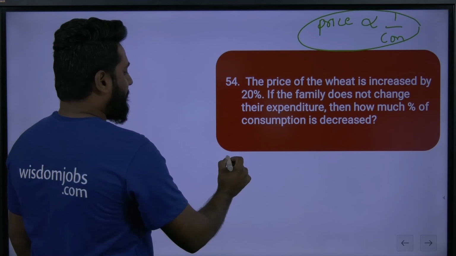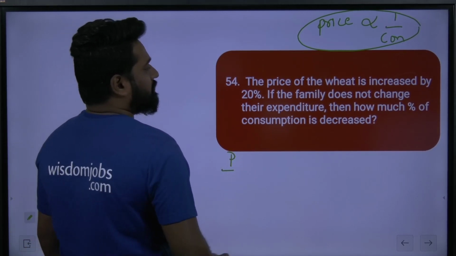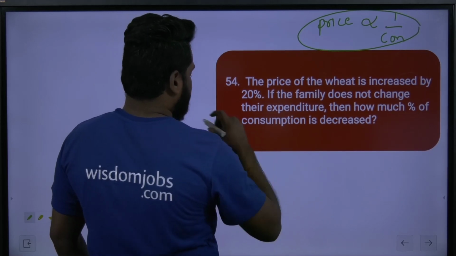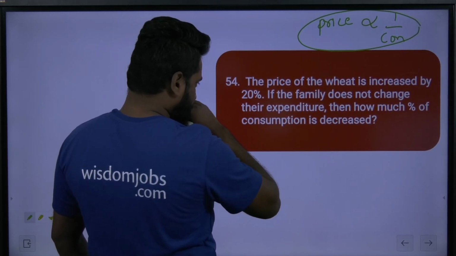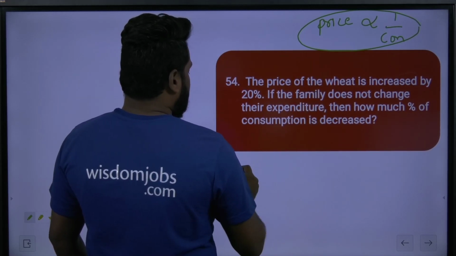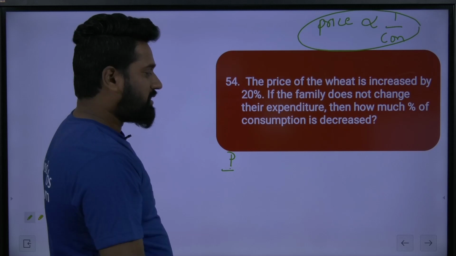For example, you can consider the price of 1 sugar or 1 kg.